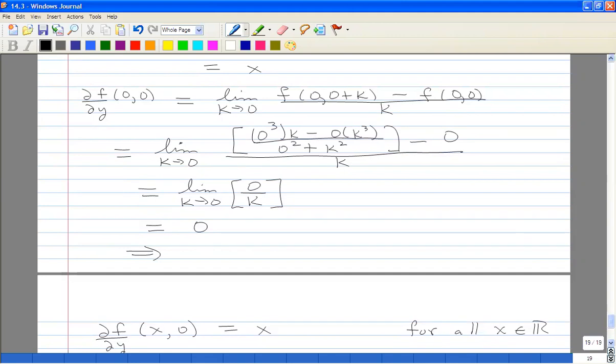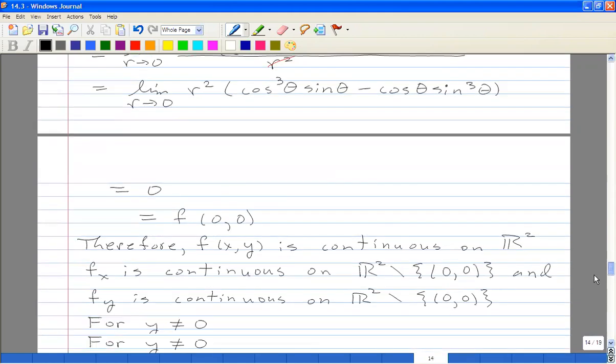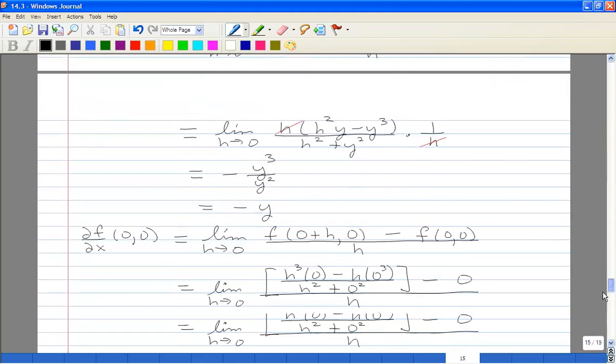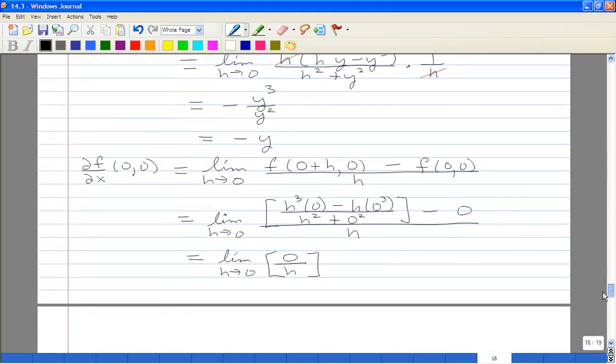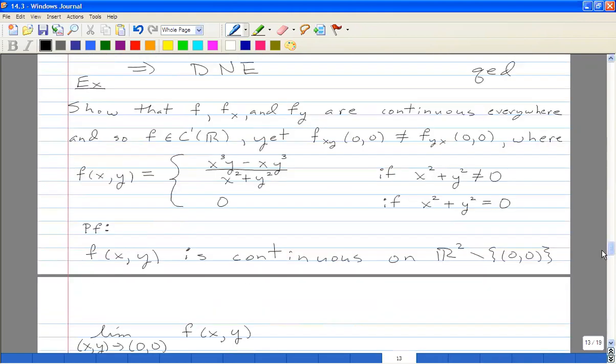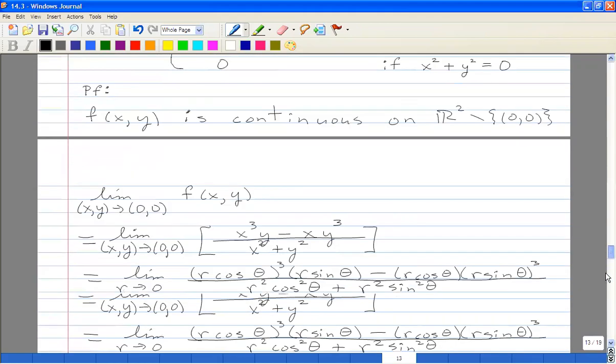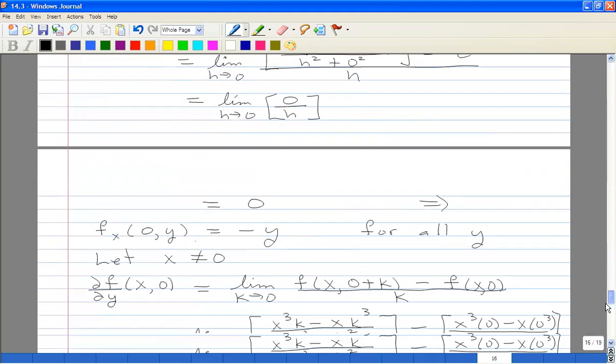So now let's look at, let's see where I am in this proof. Okay, so show that these are continuous everywhere. Okay, so let's look at, so I've shown just these.